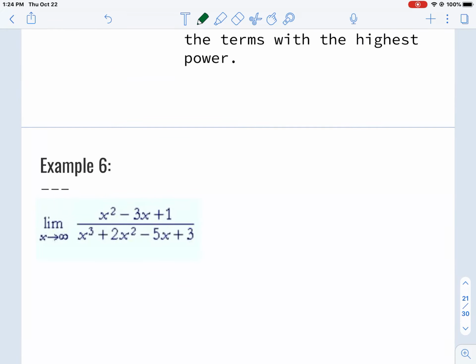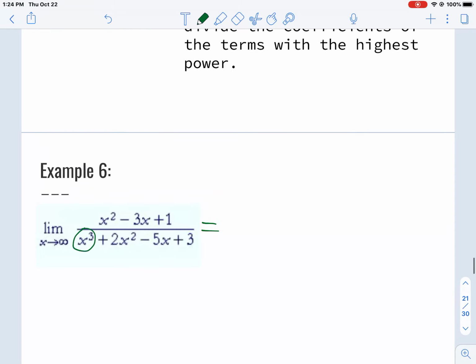So you know that the limit is 0 here, for example, number 6, but really we should be showing it out. To show how we're getting the limit, what you'll need to do is divide every single term by the largest power of x, which is x cubed in this problem.